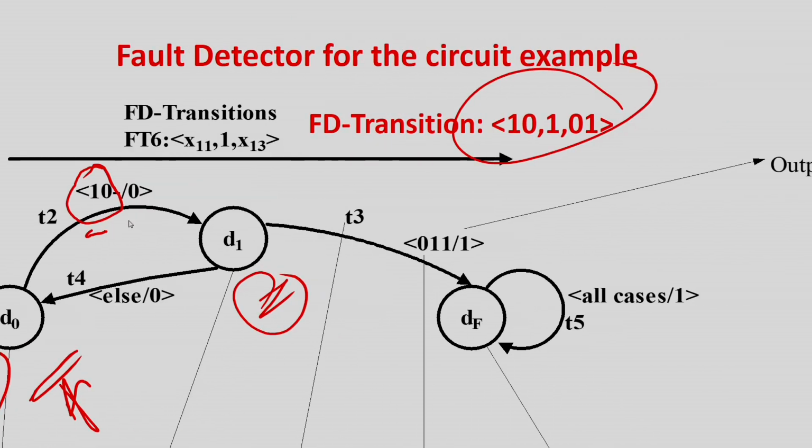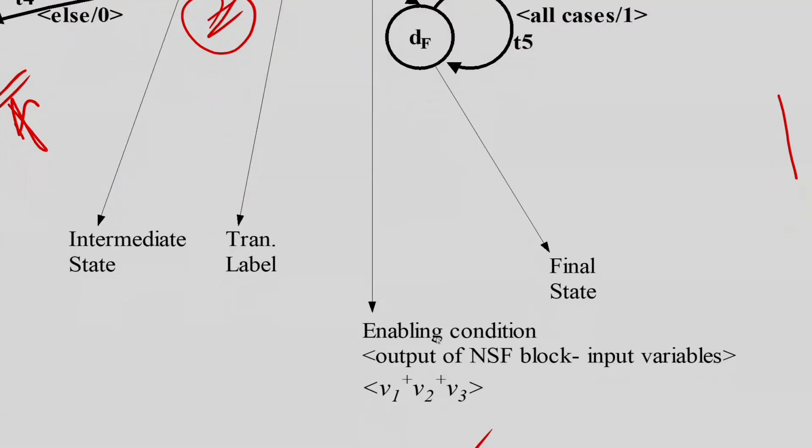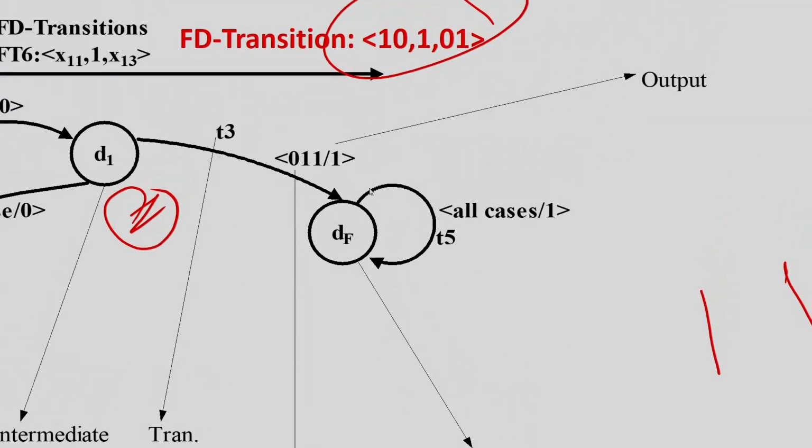Okay, fine. The next state is going to be 1 0, it is coming to an intermediate value. Now what is it going to track? It is going to track that the input, that is V3, as I have shown in the arrow, it is seeing V1, V2 and V3. So it is going to see that the input is 1, very good, this is the input, and the next state is going to be 0 1. Then it is actually a fault, because in the normal case it should be 0 0.